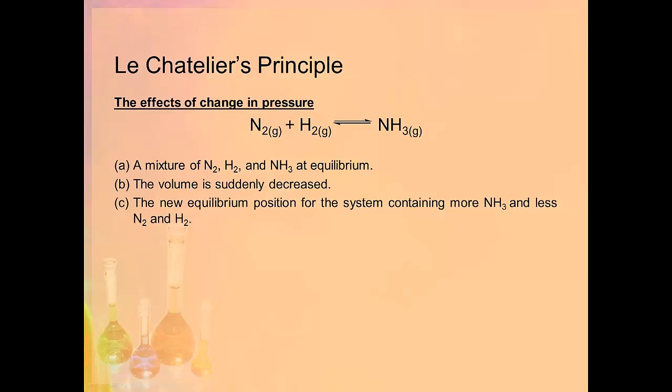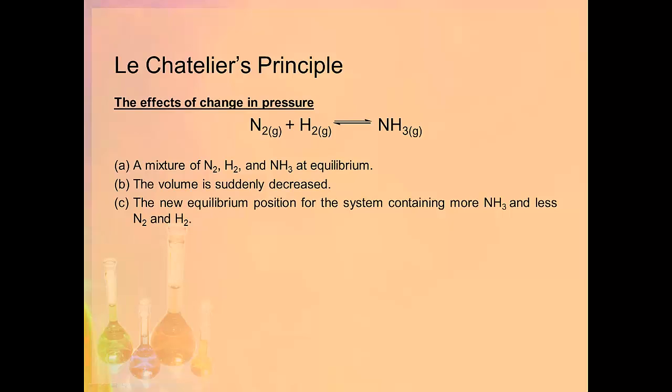We're going to have N2, we're going to have 2 NH3, and we're going to have 3 H2, if we were to balance this equation.